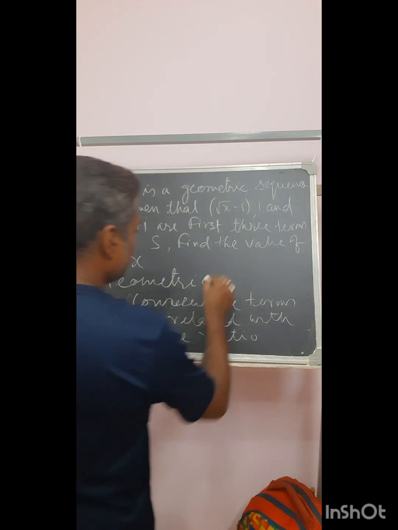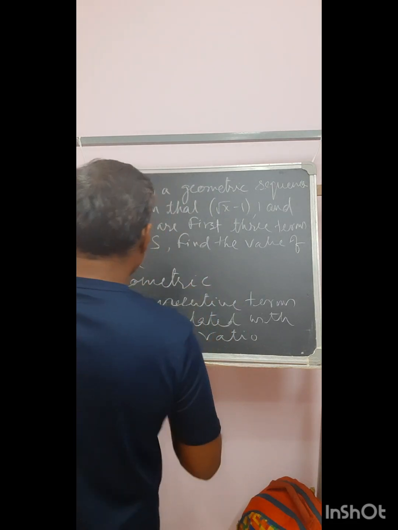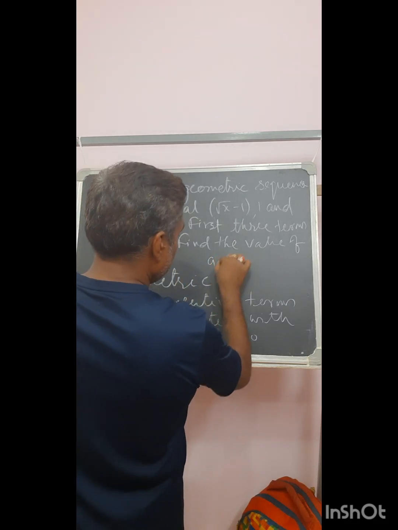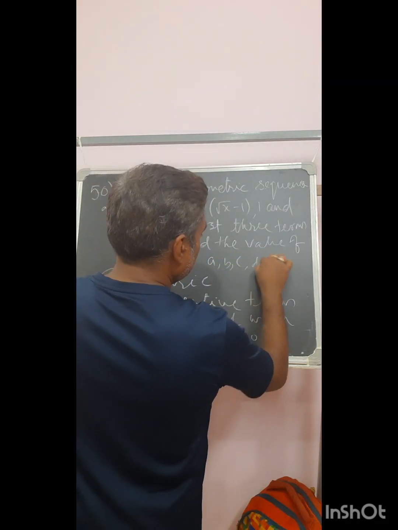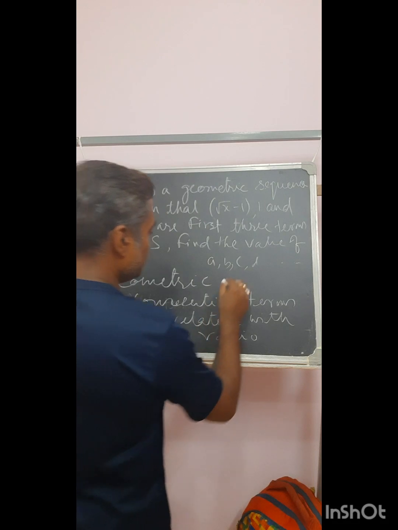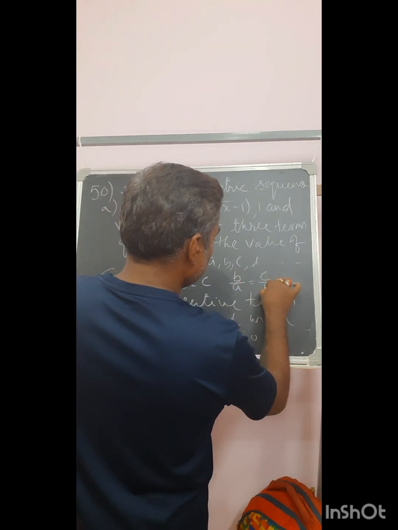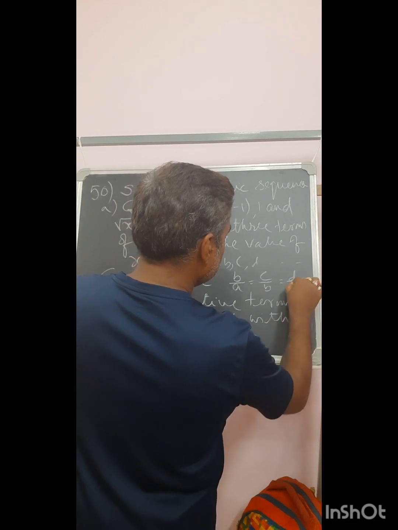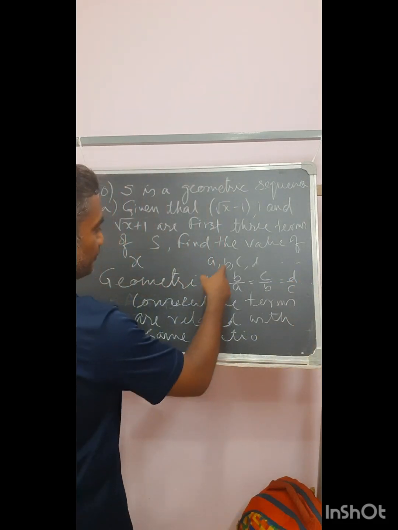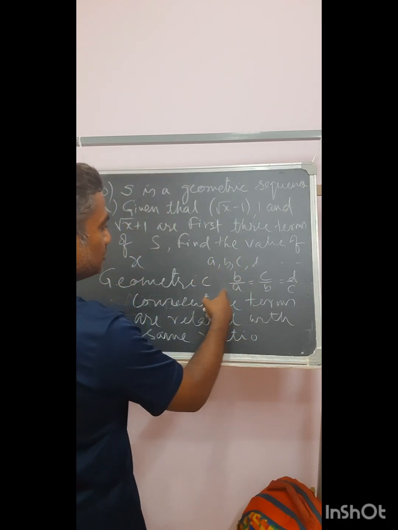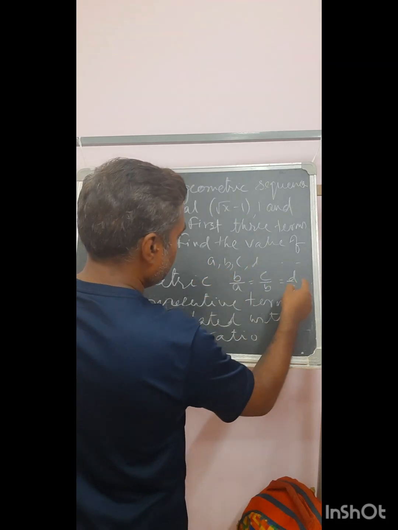That means if I say A, B, C, D are in a geometric series, then B by A is equal to C by B is equal to D by C and so on. That means the ratio of each term to the previous term will be equal.